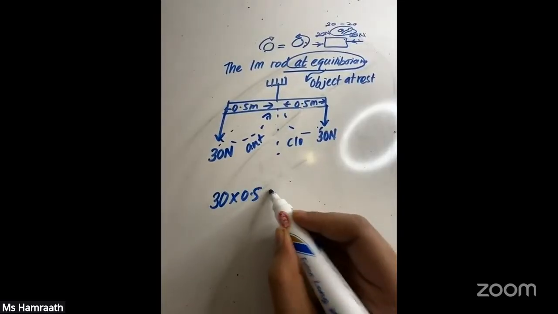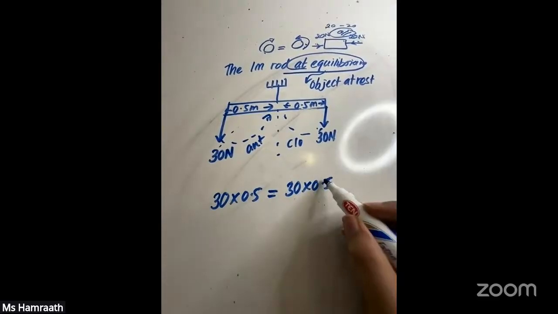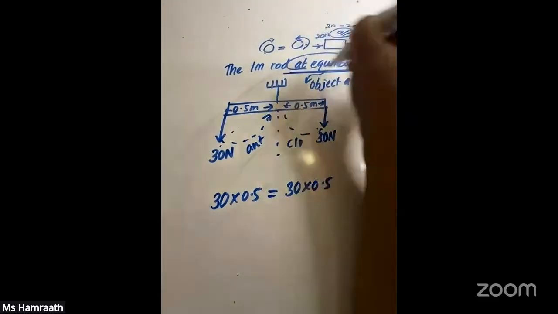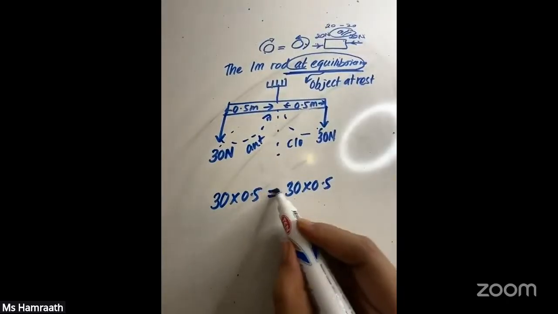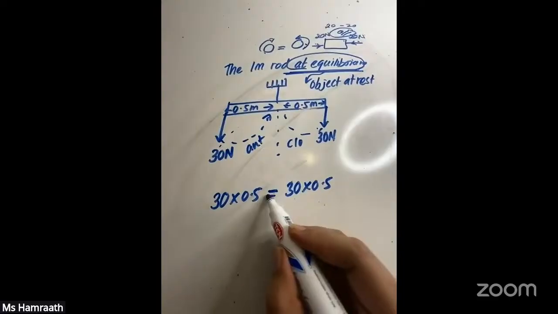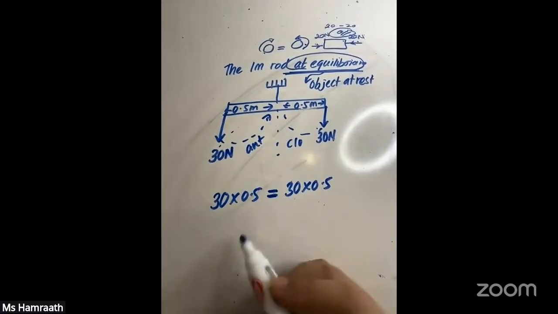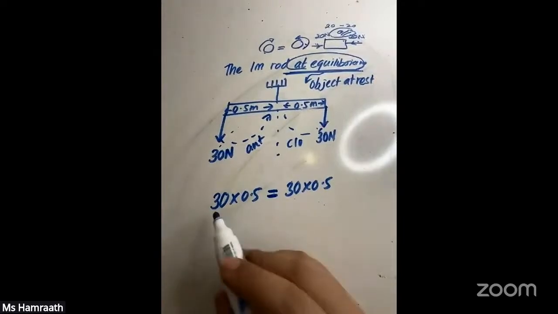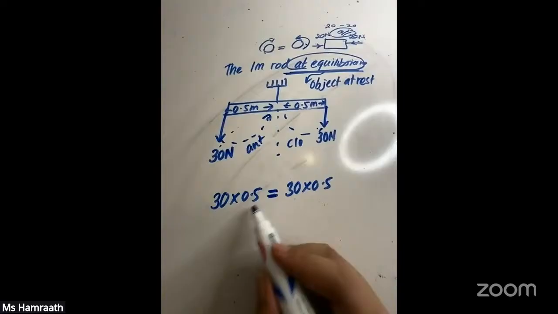30 into 0.5 equals 30 into 0.5, because clockwise is equal to anti-clockwise whenever they say the object is at equilibrium. So 30 into 0.5 is 15 Newton meter.